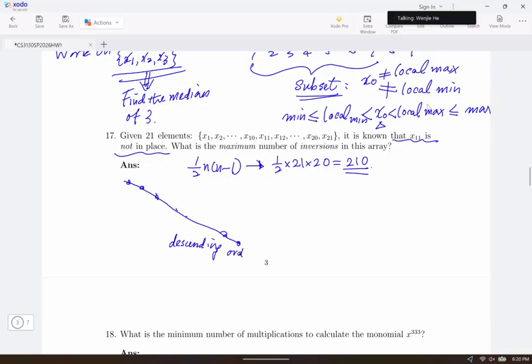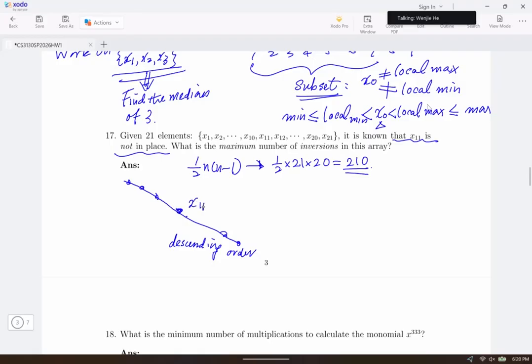Descending order is the situation that corresponds to the maximum number of inversions. Any two elements give you one inversion, the maximum number. All right. Now, with descending order, you need to look at the position of X11 in this descending order, because X11 is the one in the middle, right?